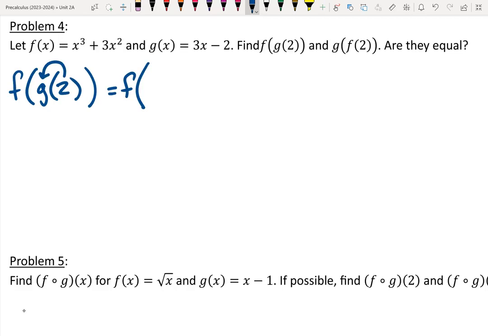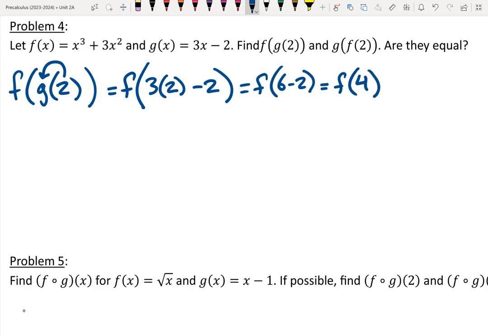So I start from the inside, working out. So that would be 3 times 2 minus 2. Well, what is 3 times 2 minus 2? 6 minus 2, which is 4, right? So g of 2 equals 4.